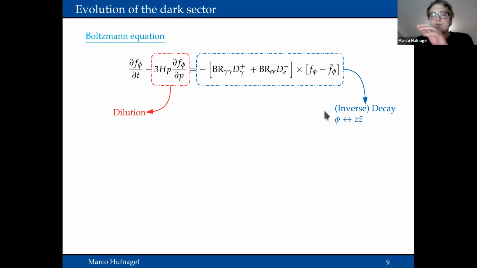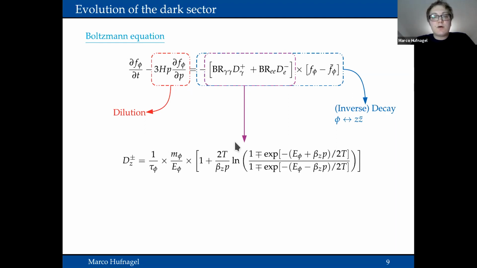So either it decays into two standard model particles or it's created from two standard model particles, whereby this f term over here encodes the decay and this f bar here encodes the inverse decay, whereby this bar means this is the phase-space distribution function that the particle would have if it was in thermal equilibrium with the standard model. So this means a Bose-Einstein distribution with the same temperature as the standard model. And then there's also this kinematic term here in front, which essentially describes the kinematics of the decay.